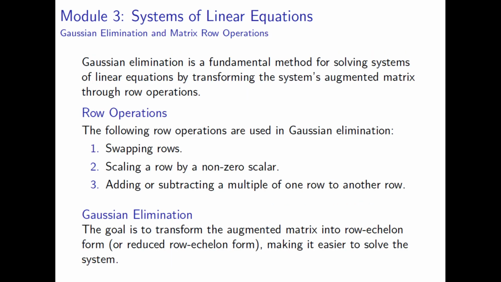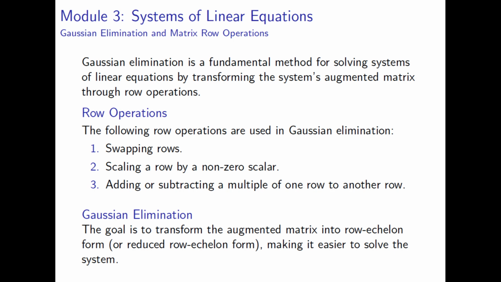Gaussian elimination is a fundamental technique for solving systems of linear equations, by transforming the augmented matrix through row operations. These row operations include swapping rows, scaling a row by a non-zero scalar, and adding or subtracting a multiple of one row to another.